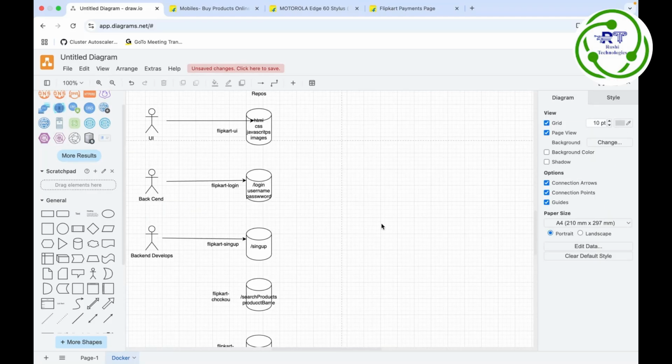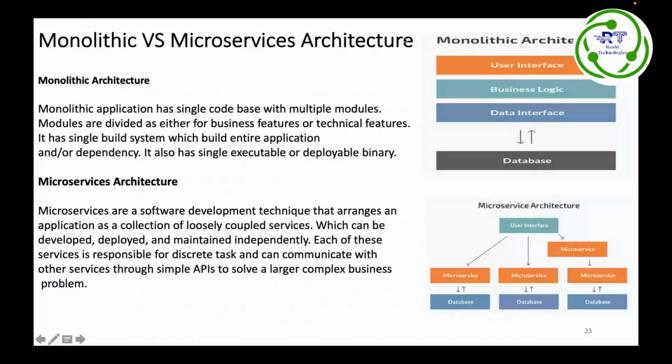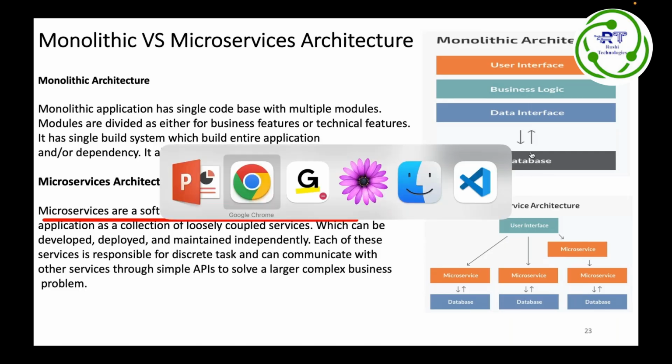So microservice architecture is a development technique. We develop the application as a collection of loosely coupled services. Each microservice can be developed, deployed and maintained separately, but each is responsible for a specific task, and they can communicate with other microservices to solve larger problems. If you see this diagram, you can understand here.